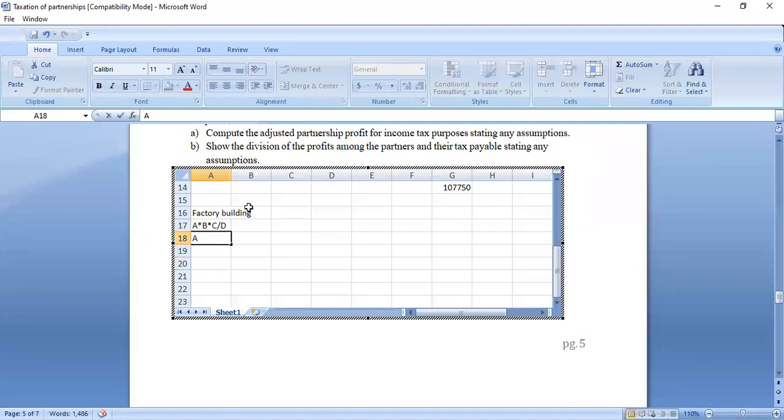just to save your time, it's supposed to be 5%. Okay, then B is the cost of the factory, what we call the capitalized cost of the factory. Then C refers to the number of days used for operations during the year of income.